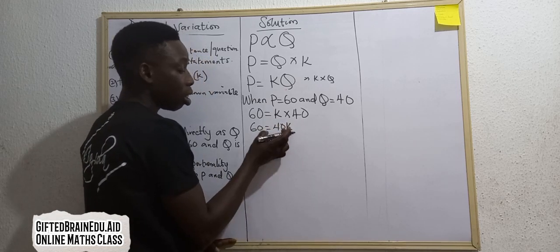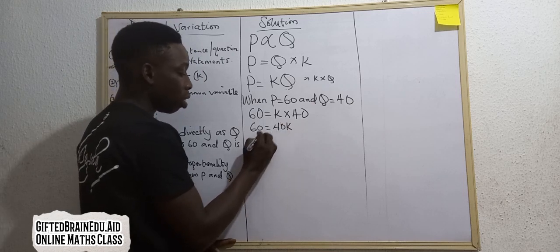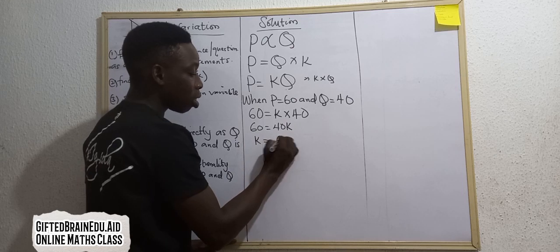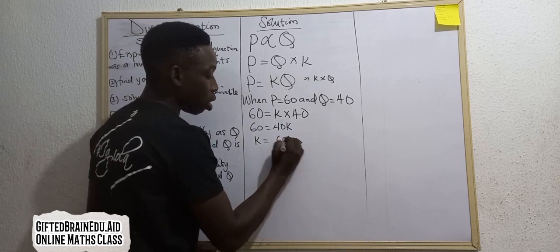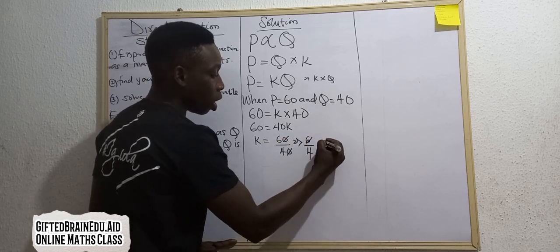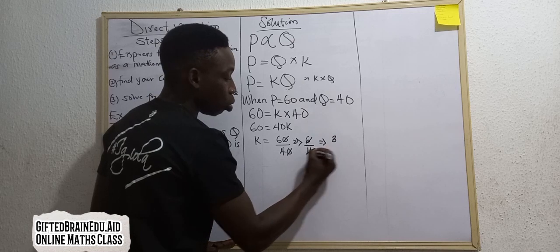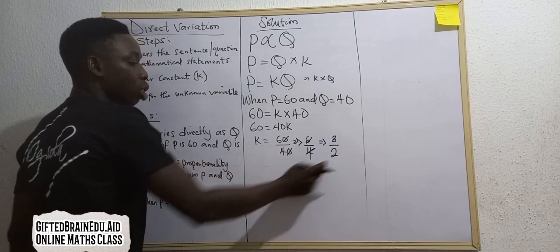Just divide both sides by the coefficient of our constant, which is 40. From here we have K equals 60 divided by 40, which is 6 over 4, and dividing by 2, that is 3 over 2. So our K is 3 over 2.